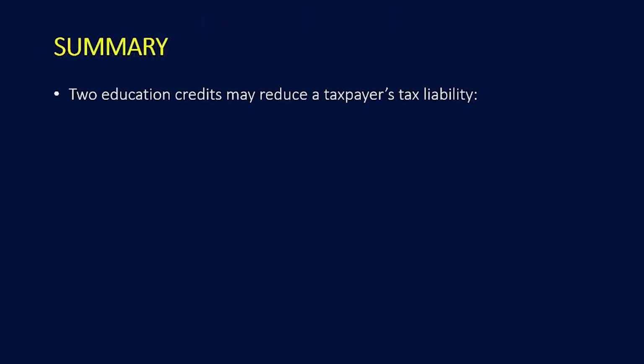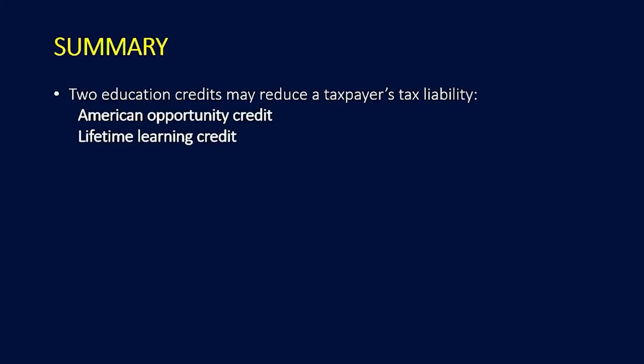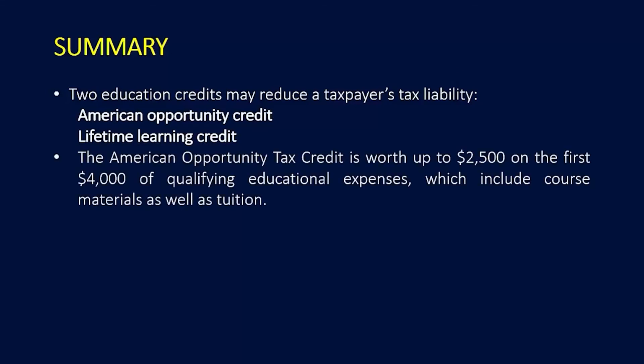In summary, 2 education credits may reduce a taxpayer's tax liability: the American Opportunity Credit and the Lifetime Learning Credit. The American Opportunity Tax Credit is worth up to $2,500 on the first $4,000 of qualifying educational expenses, which include course materials as well as tuition.